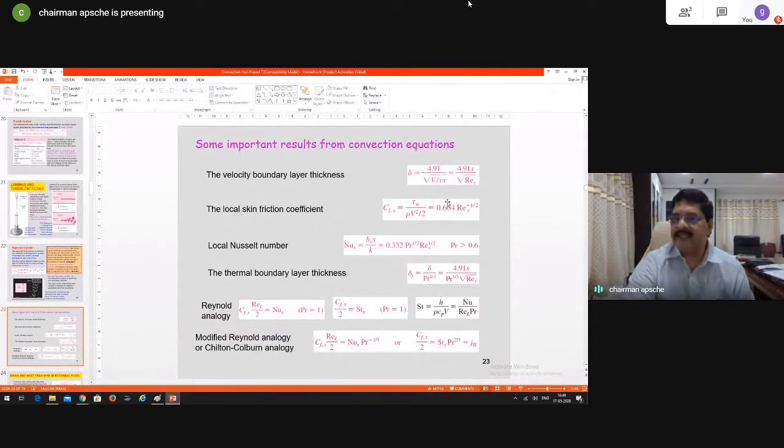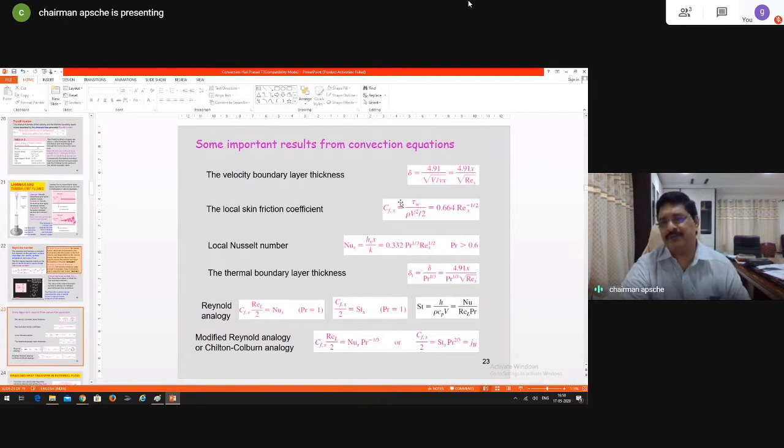So from these very popular equations, you can calculate the hydrodynamic boundary layer thickness, and you can calculate skin friction. Why do you calculate skin friction? For wall shear stress. Wall shear stress is given by this equation, as already explained: tau W equals Cfx into rho v square by 2.